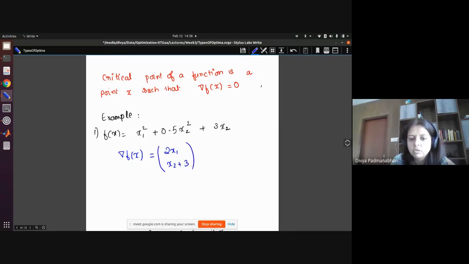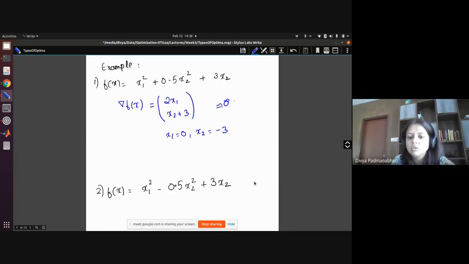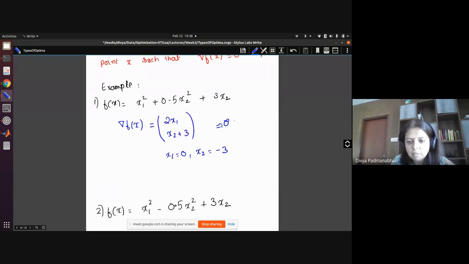So now the critical point here, this has to be 0, so you just take x1 is 0 and x2 is minus 3. So these are the critical points.